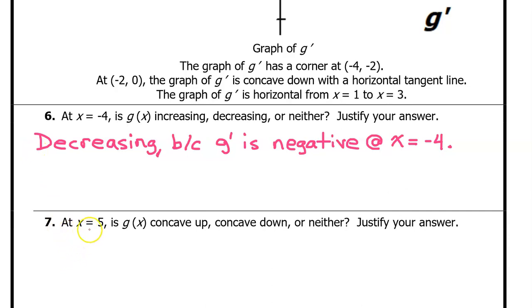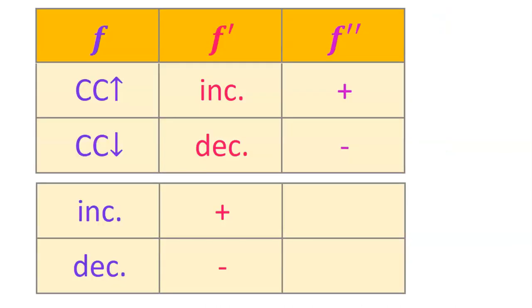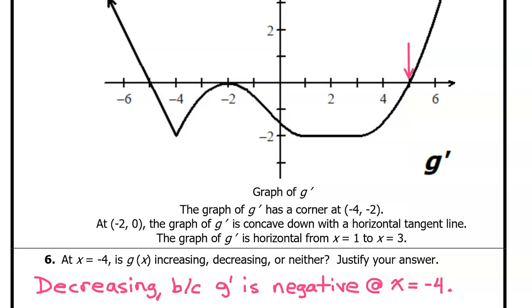Number 7, at x equals 5, is g of x concave up, concave down, or neither? So they are asking us if g is concave up or concave down, but we have to base our answer on g prime since that's the graph we're given. Well, g will be concave up if g prime is increasing. g will be concave down if g prime is decreasing.